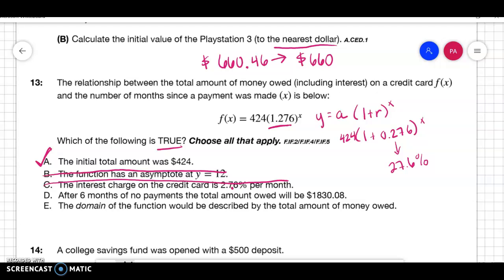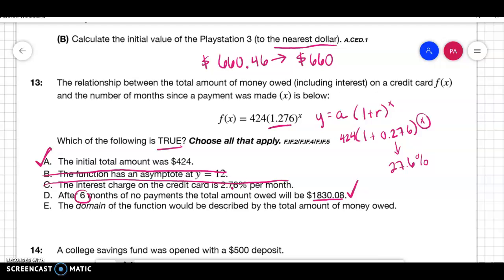Then for D, basically plug in 6 for the x right here, and when you do that, you do get this value, so this one is correct. And the domain of the function would be described by the total amount of money owed. No, that's what the whole function represents.